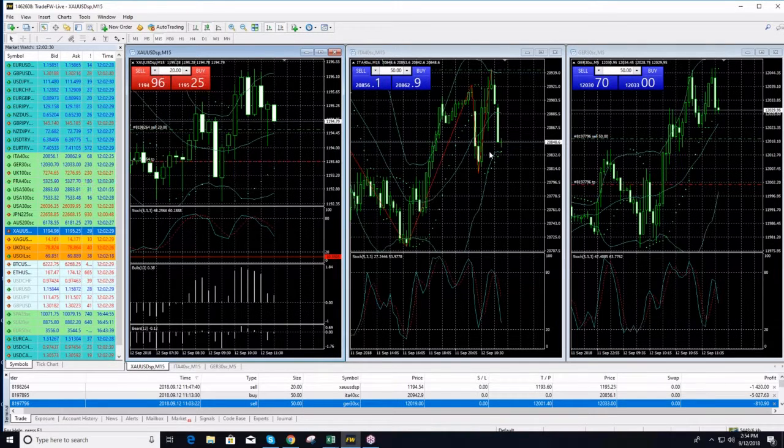I want to see a reverse, and then I want to go long. Currently, I didn't get the confirmation for a reverse. That's why I'm not entering yet. But this is what I want to do.